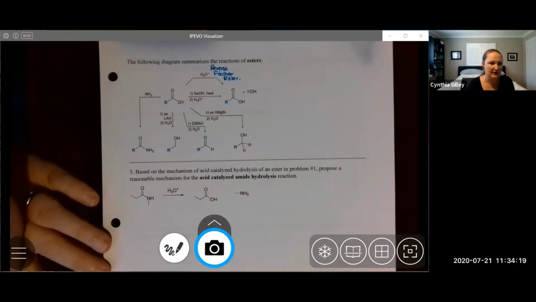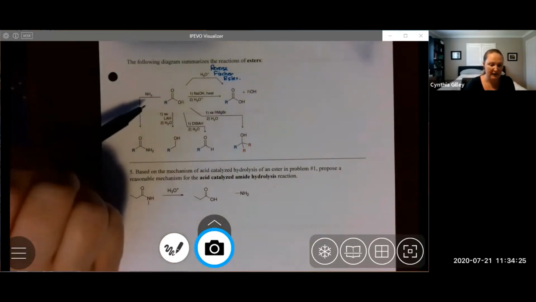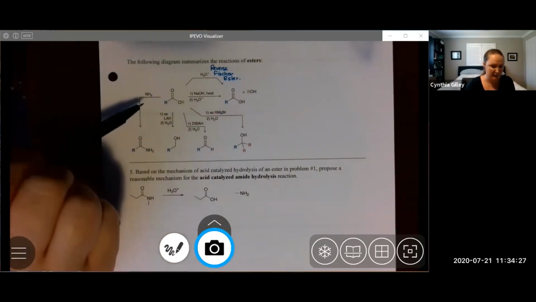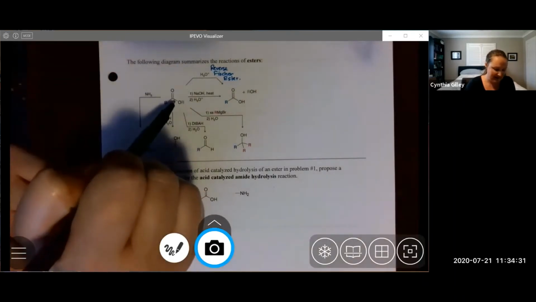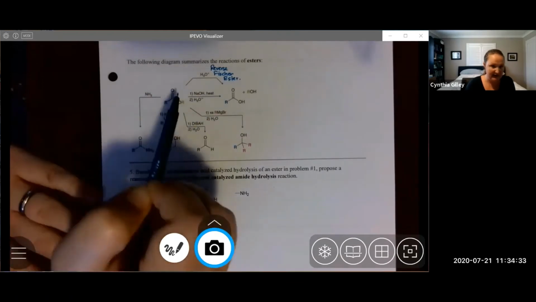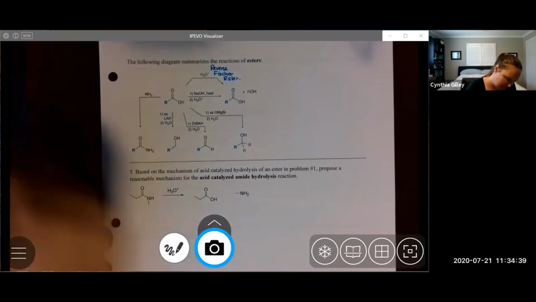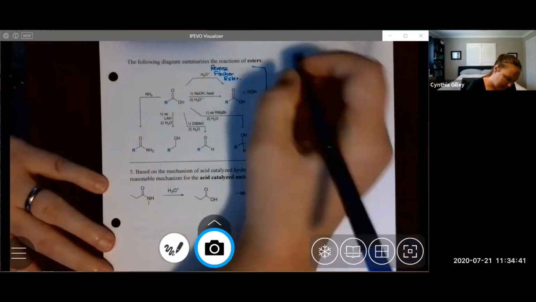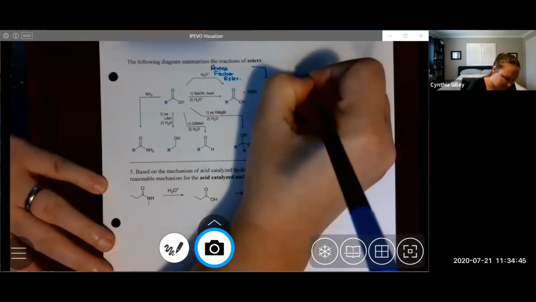Okay, and we can also do a basic hydrolysis of an ester. And I think we did that mechanism on the first page of this activity. So we did both the acid catalyzed hydrolysis and the base catalyzed hydrolysis. The mechanisms for those two were on the first page, right? So we'll say mechanisms, first page of activity.